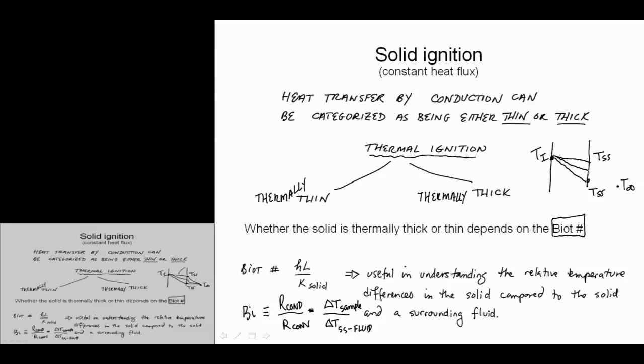So at small Biot numbers, delta T in the sample is small relative to delta T across, whereas at large Biot numbers, the sample temperature at the surface is essentially the same as T infinity. So again, this is the Biot number increasing.